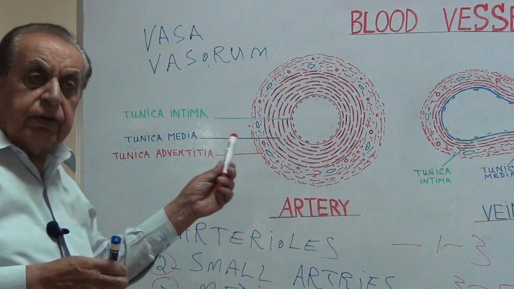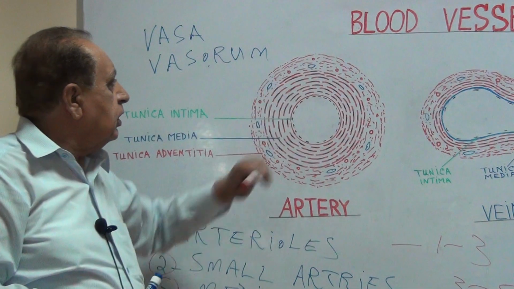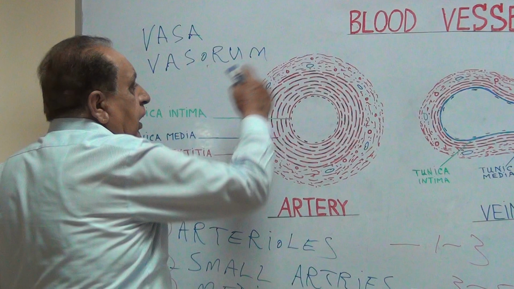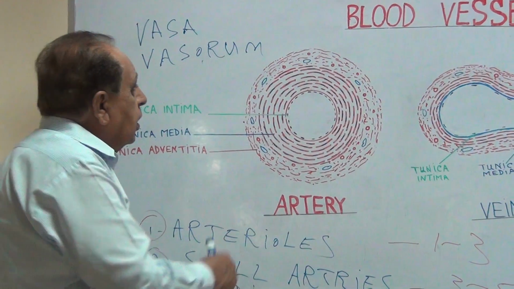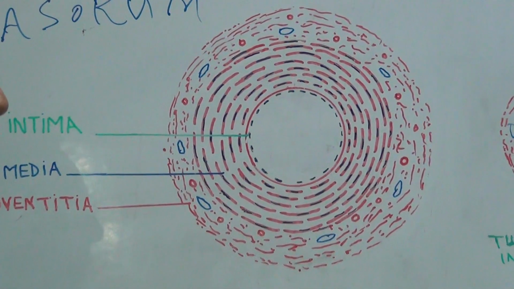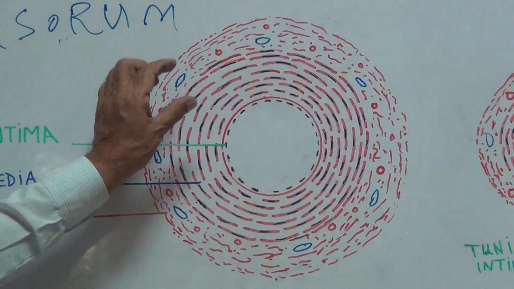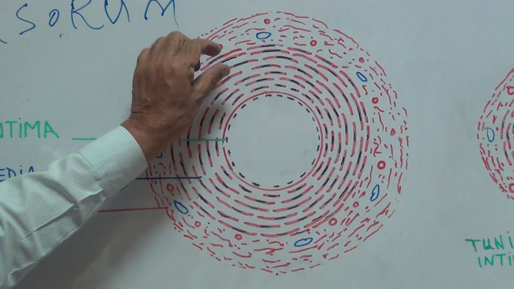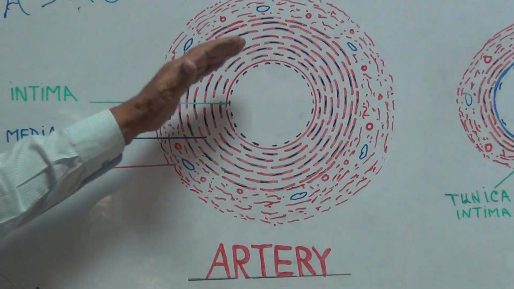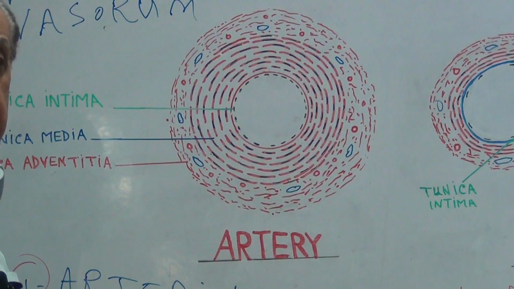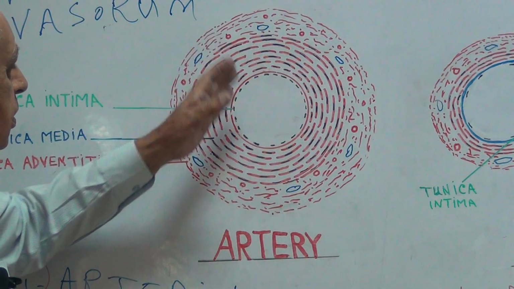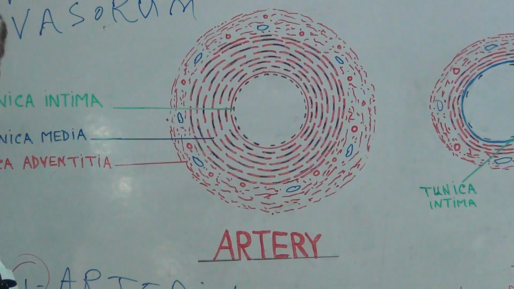Now this vasa vasorum, these arteries, supply the tunica adventitia and the tunica media. Remember, it supplies only the outer 3/4 of the tunica media. It does not provide nutrition to the whole muscular layer.